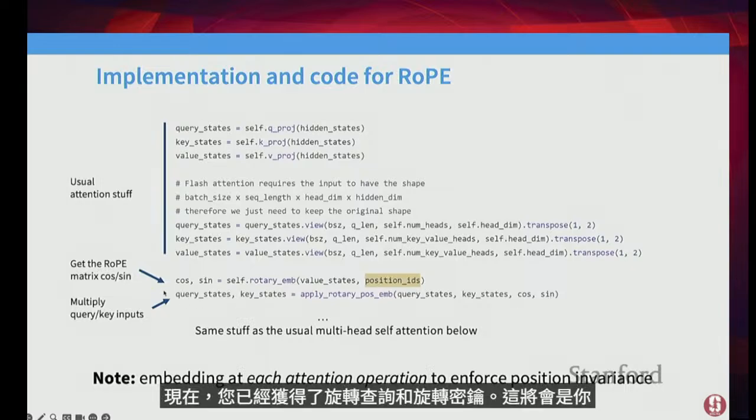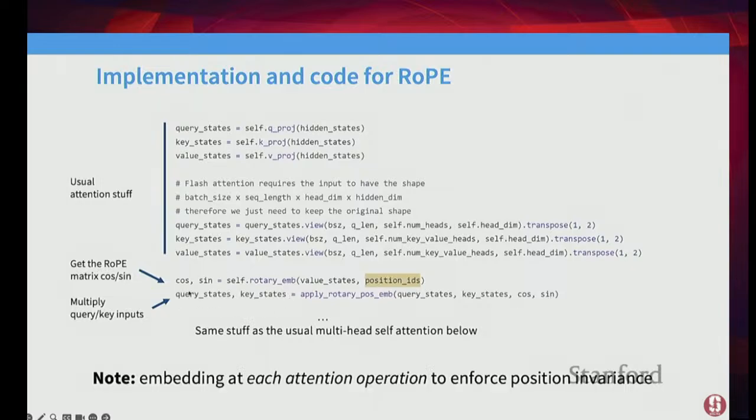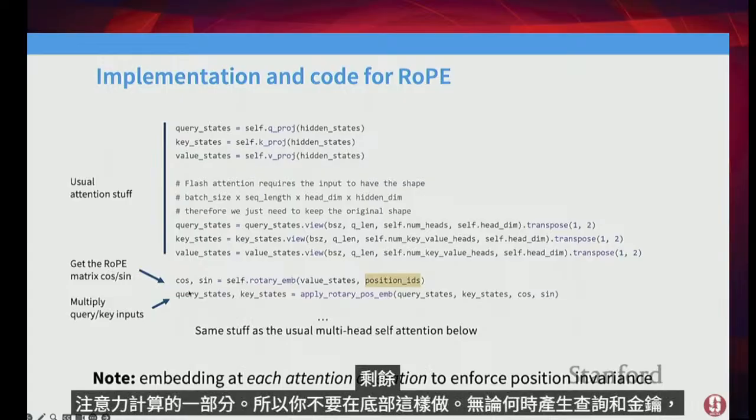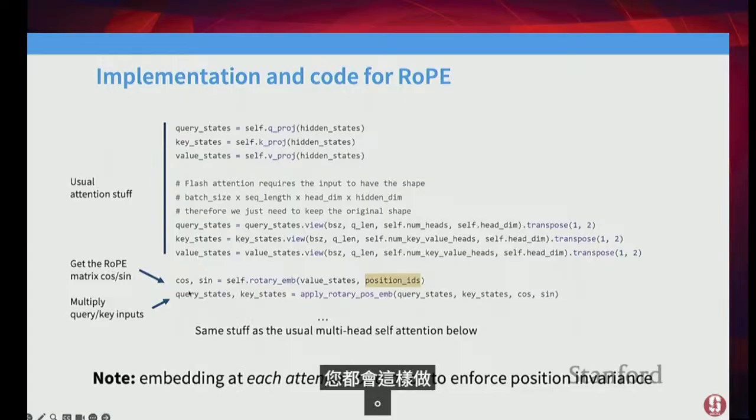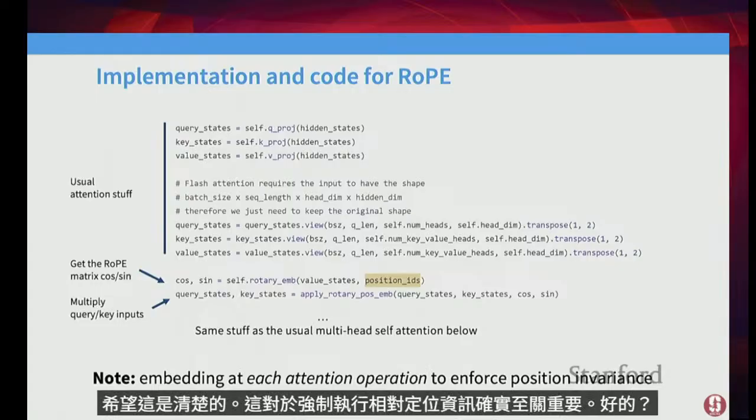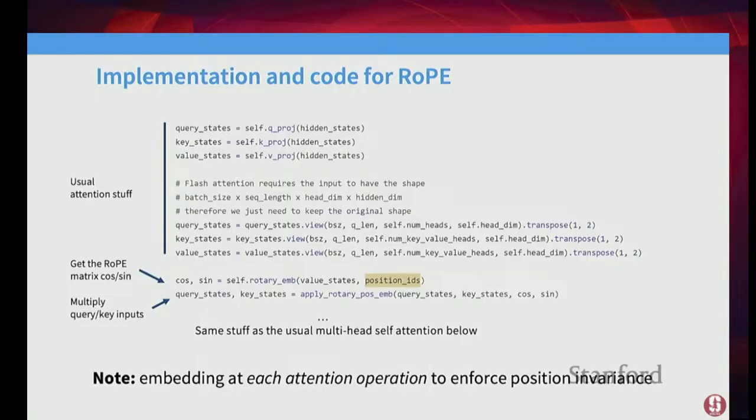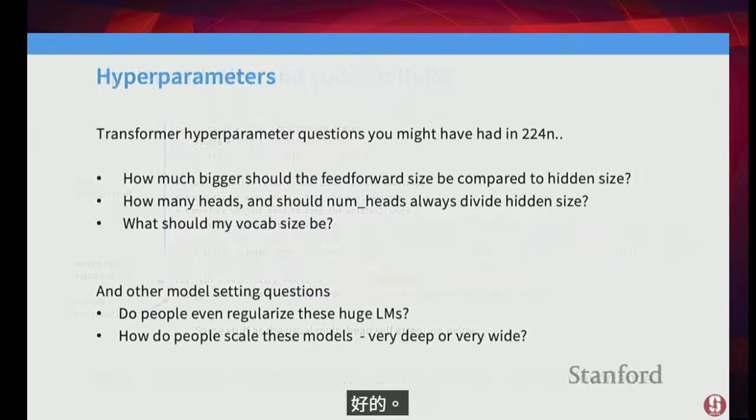And now you've gotten rotated query and rotated key. And that's what's going to go into the rest of your attention computation, right? So you don't do this at the bottom. You do it whenever you generate your queries and keys. Hopefully that's clear. That's really critical to enforcing this relative positioning only information. Okay? Good.